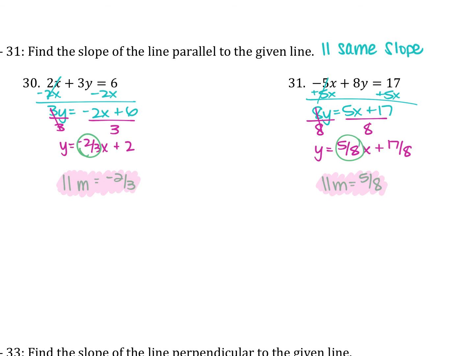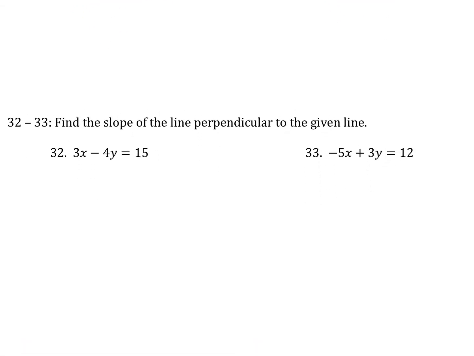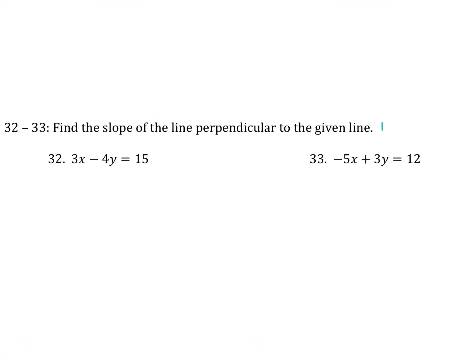For the lines that are perpendicular, they are going to be the opposite and the reciprocal. So perpendicular lines have opposite and reciprocal. So for 32, we have 3x minus 4y is equal to 15. Again, we're going to solve it for y, put it in slope-intercept form.